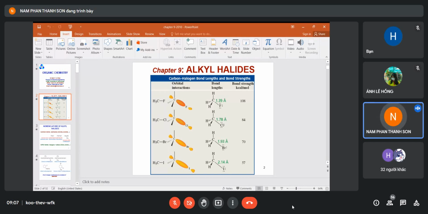Our Q highlight. When we replace one hydrogen atom in alkanes by a halogen, we have alkyl halide. So we have alkyl fluoride, alkyl chloride, and then bromide and iodide.